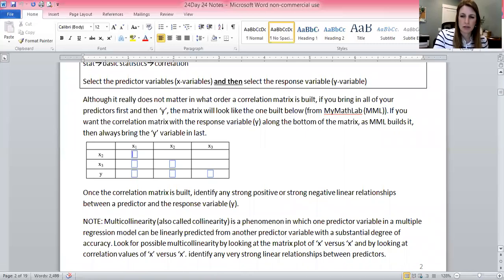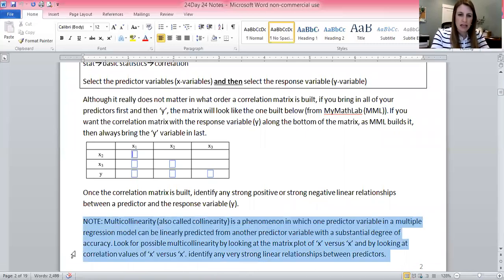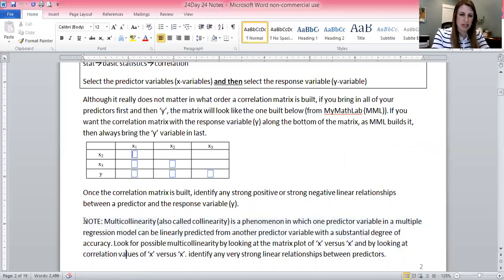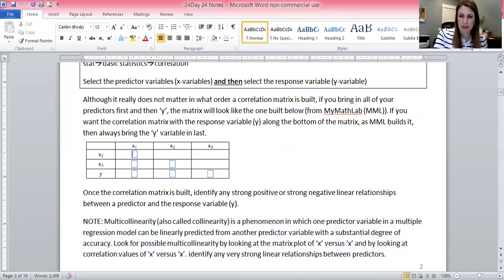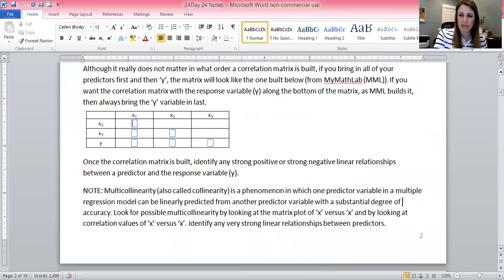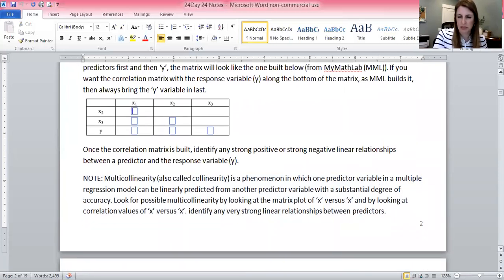I want you to pay attention to this section right here. This is talking about multicollinearity. This is when we have a strong linear relationship between two x values. That just briefly talks about that for a moment. It's not a big deal. We just sometimes like to mention it if we see that.